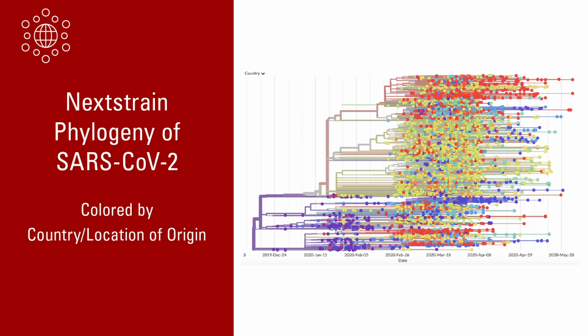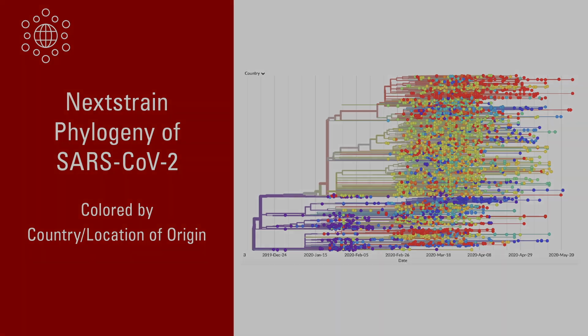However, thousands of viruses have now been sampled from infected individuals in the human population since the beginning of the epidemic. And thanks again to mutations carried in these viral genomes, we can reconstruct another phylogeny. This one shows how viral samples taken from different infected individuals all over the world are related. Viral phylogenies can therefore tell us the story of how an epidemic spread through a host population. If we know the geographic location of each sampled host, we can use the phylogeny to link cases across locations.